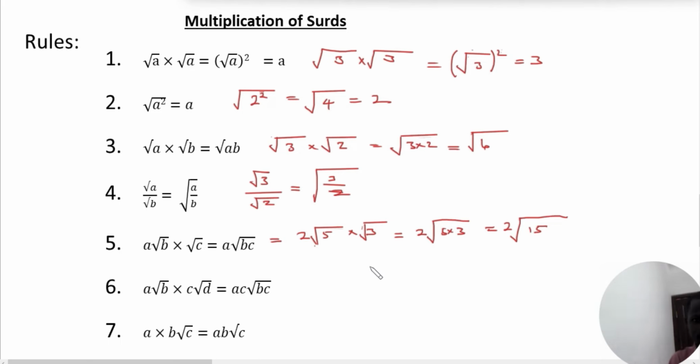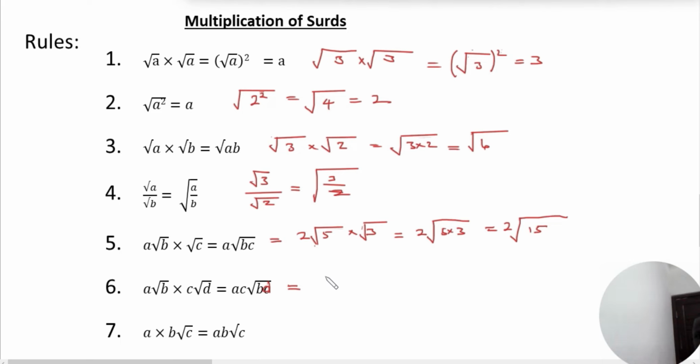Let's again talk about the sixth rule of multiplication of surds. We have a root of b times c root of d. This is because we multiply the numbers outside, a times c, ac, and then root b times root d is root bd. So let's illustrate this.